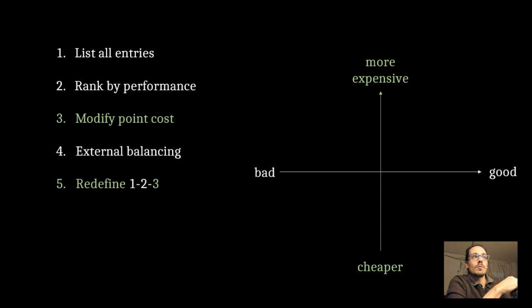The next thing would be to think about the scale of the modification of point costs, because in some cases maybe plus minus 1 point might be effective. In other cases you might go for more impact and look at something like, I don't know, plus minus 5.